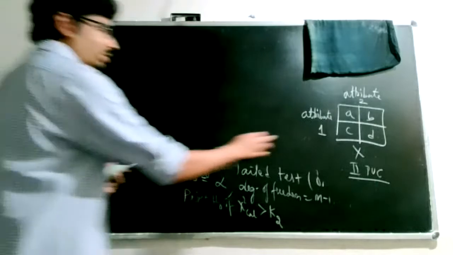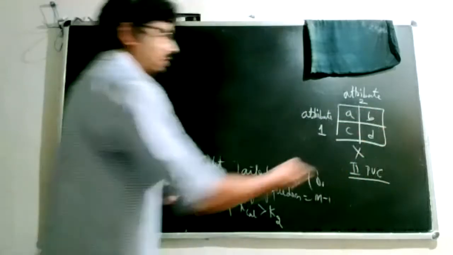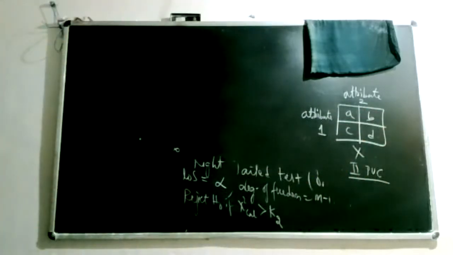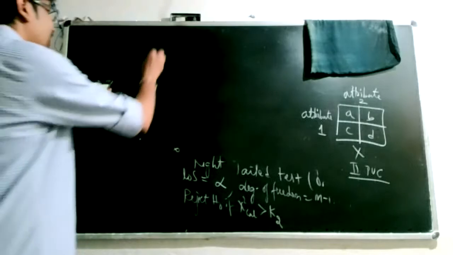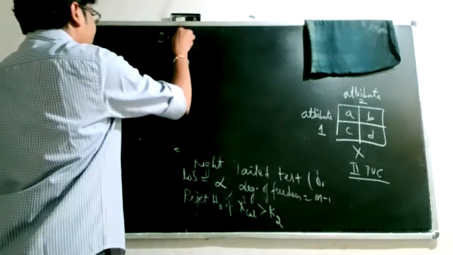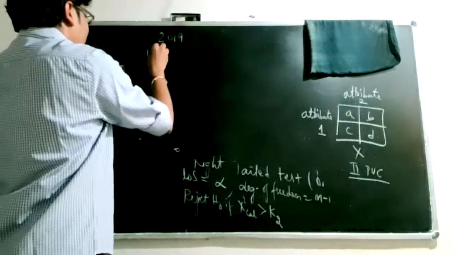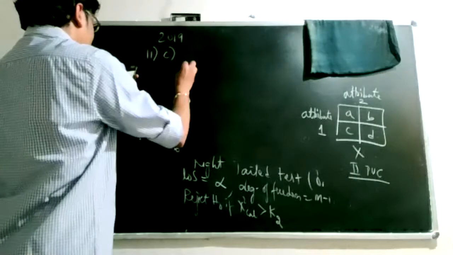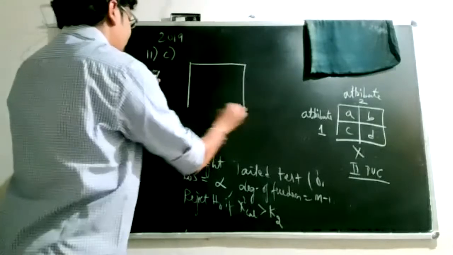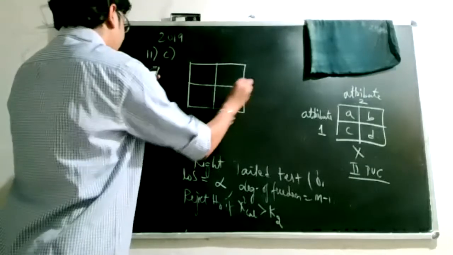Because in your case, you could have a 3x3 or a 3x2 or a 2x3 case also. So let me write this problem. This is 2019, July-August, question number 11C. The question says, test whether the result and gender are independent.